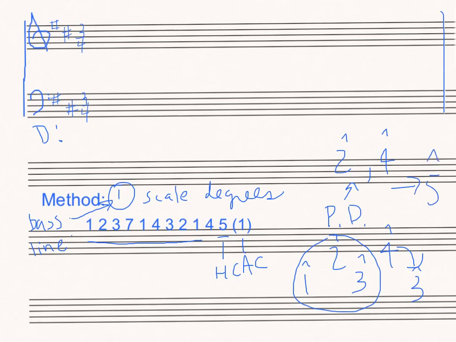So going back to my bass line here, 1, 2, 3, that looks like tonic. 7, 1 looks like tonic. 4, 3, that looks like tonic, and so does 2, 1. But there is my big predominant harmony that moves on to 5.